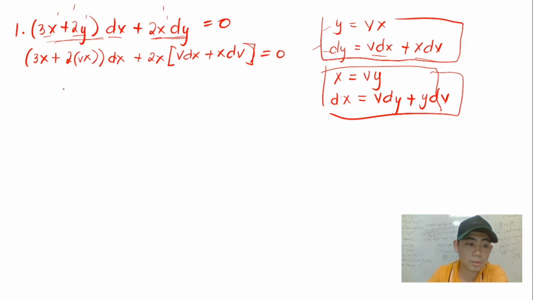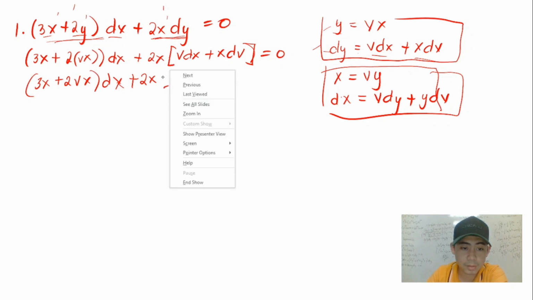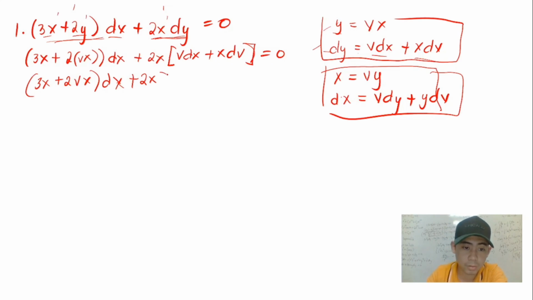So now, (3x plus 2vx) times dx plus 2x times (v dx plus x dv) is equals to 0.